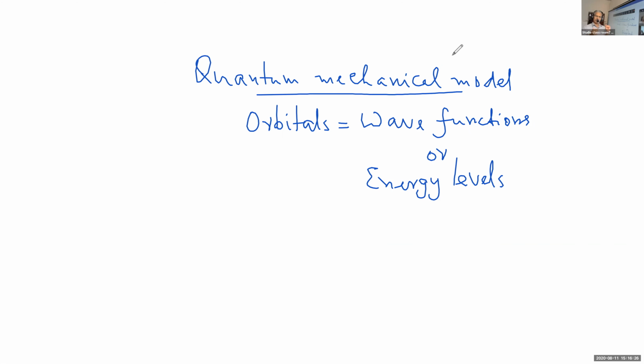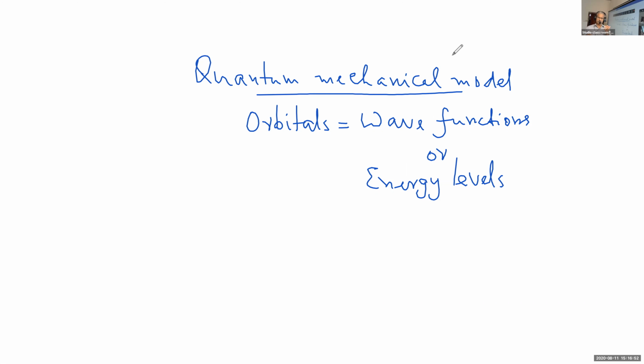In the quantum mechanical model, orbitals are wave functions. There is a particle and wave dual character, and from that we get an equation for the orbital and its solutions.